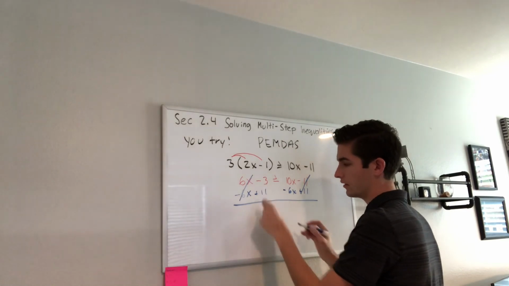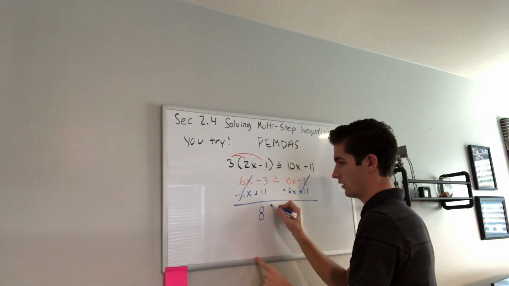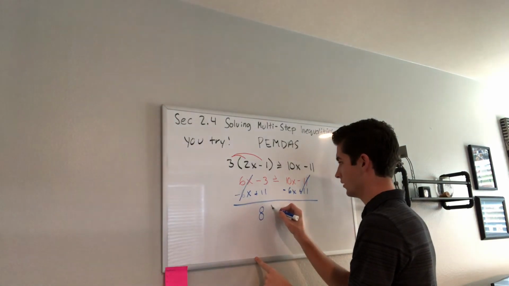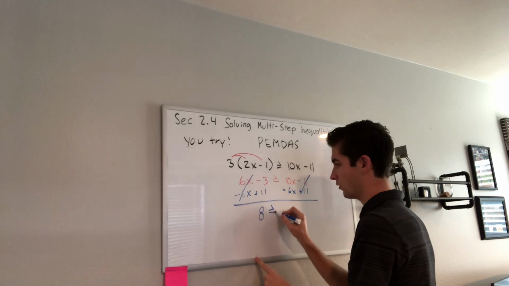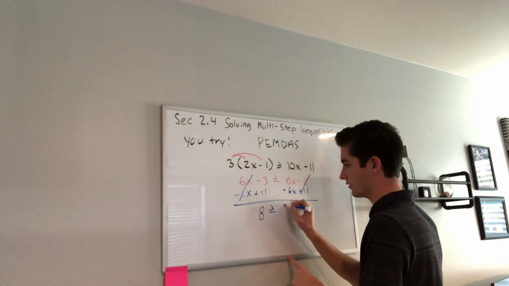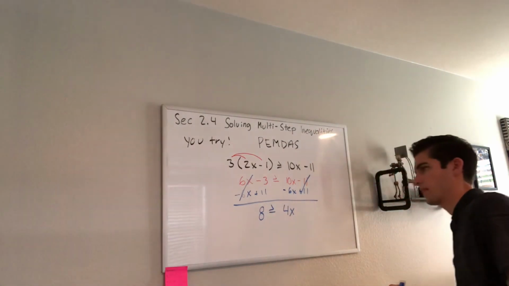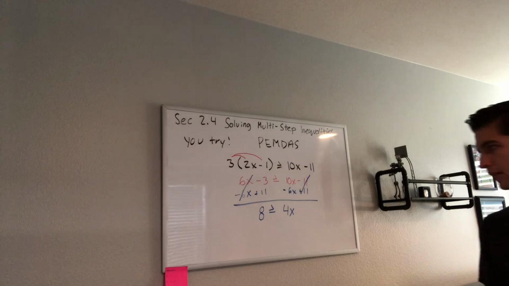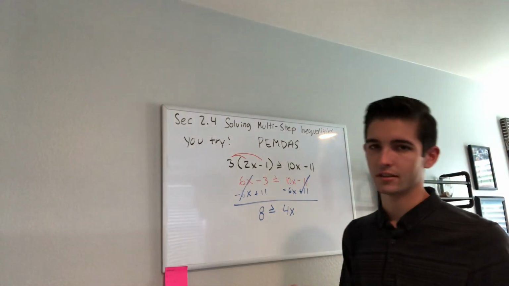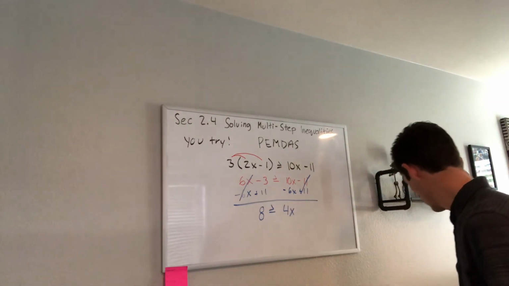Negative 3 plus 11 gives us a positive 8 is greater than or equal to 10x minus 6x, which gives us positive 4x. So we just did 2 steps right there. It's kind of easier to not have as many steps. You could do it all in one.